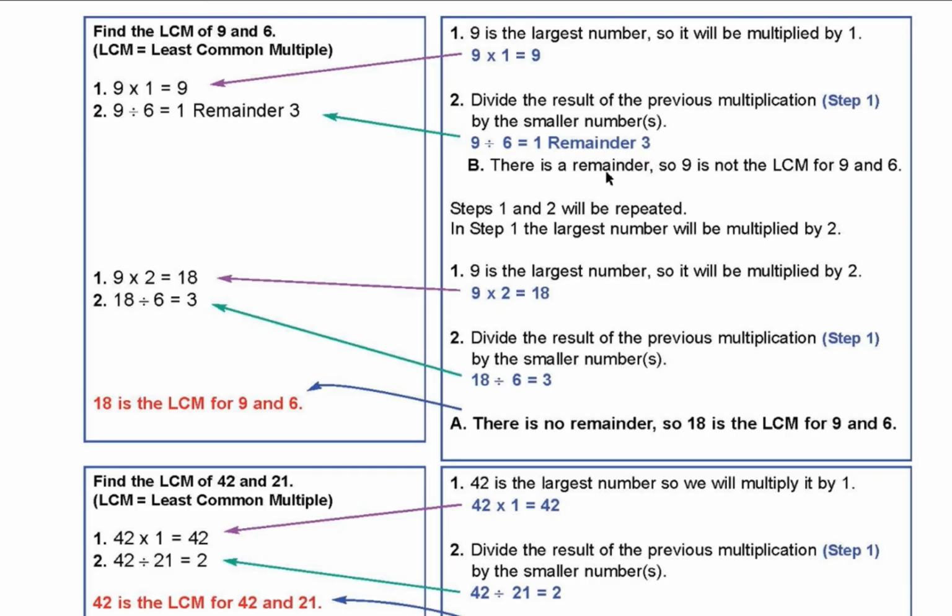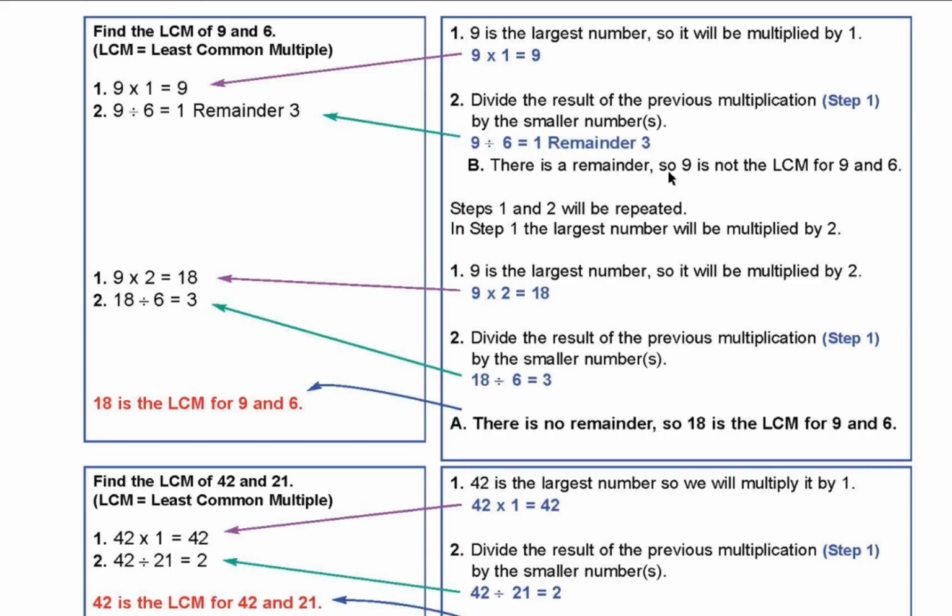There is a remainder. Therefore, 9 is not the least common multiple for the numbers 9 and 6. Let me go over that again. Since the result of the division has a remainder, that means the result of the previous multiplication is not the least common multiple.